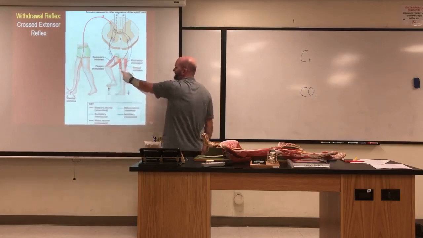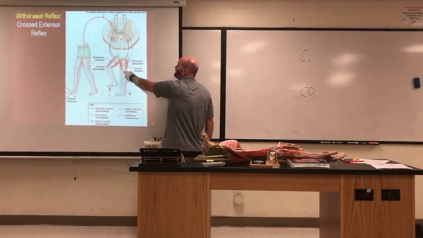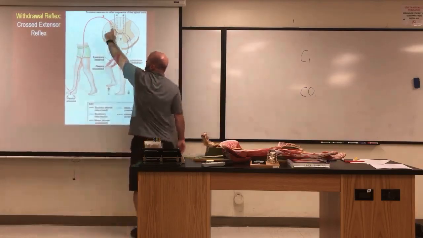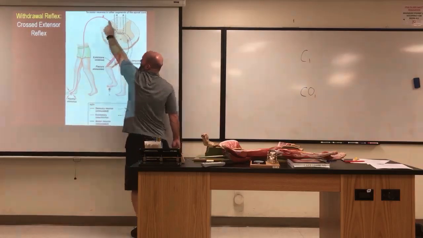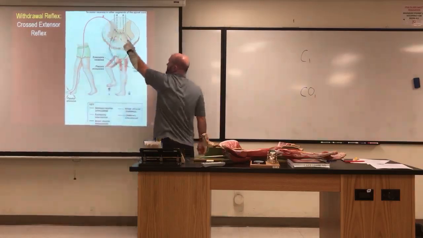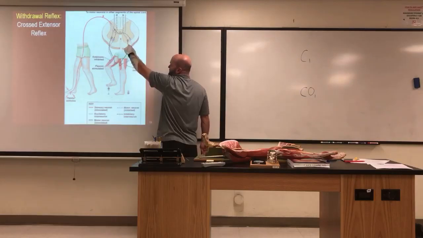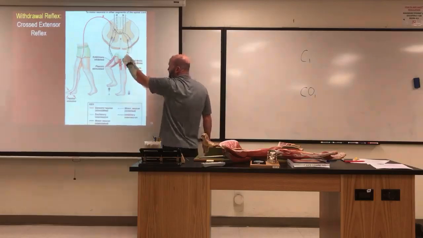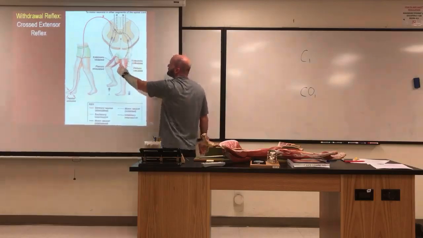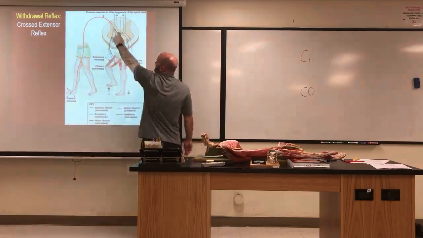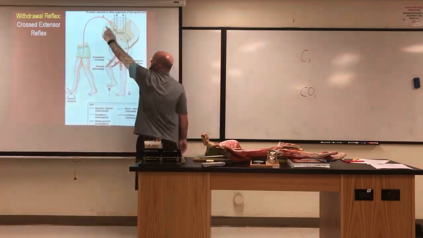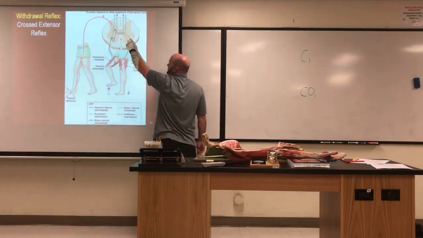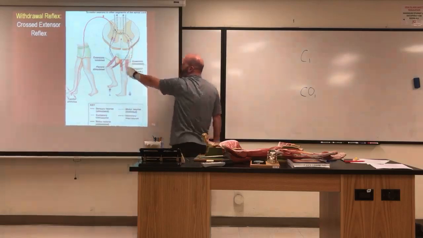So we have to make sure that this knee remains extended. So the excitatory interneuron that was excited by the nociceptor is going to synapse directly onto the motor neurons on the opposite limb. They go to the extensors. And then that same inhibitory interneuron that was excited by the excitatory interneuron is going to inhibit the flexors.